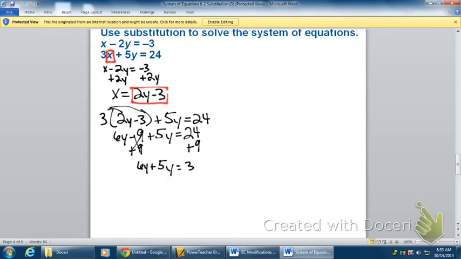It's 33. Okay, you're combining your like terms. You have a 6y and you have a 5y. Go ahead and add that together. You get 11y. And your last step to this is divide both sides by 11.